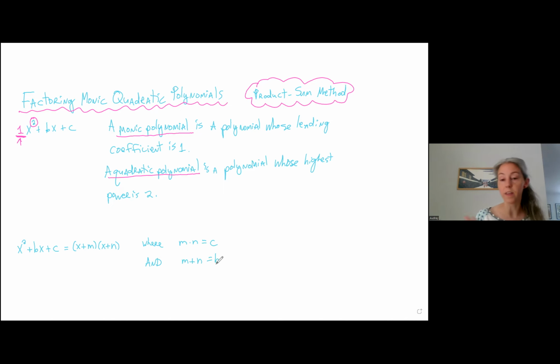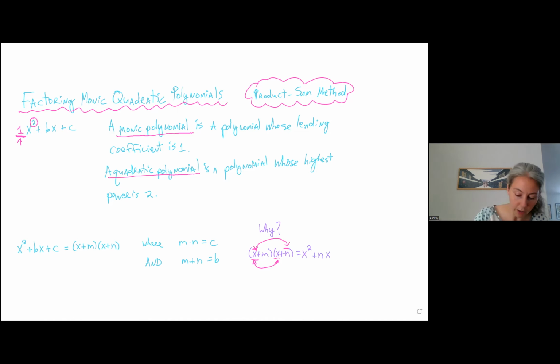Now, if we want to understand why this is true, we can actually just expand x plus m times x plus n. We're going to do FOIL here, so we're doing the first terms. First is x times x, that gives us x squared. Then our outer terms here are going to be the x and the n, so x times n, so we'll have plus nx.